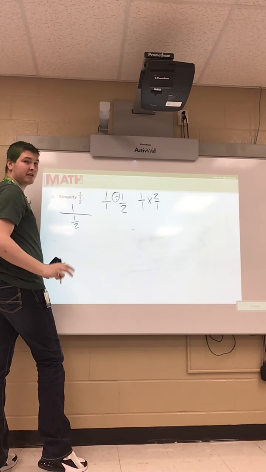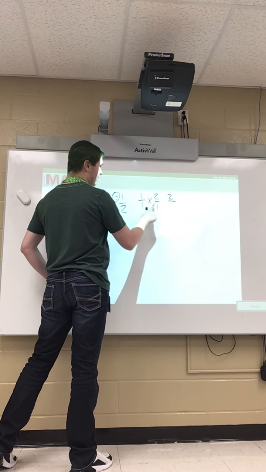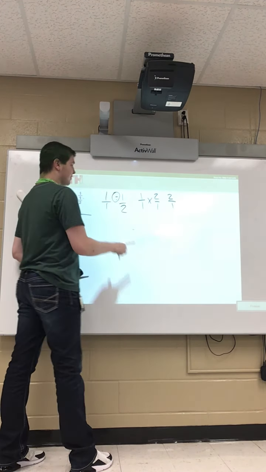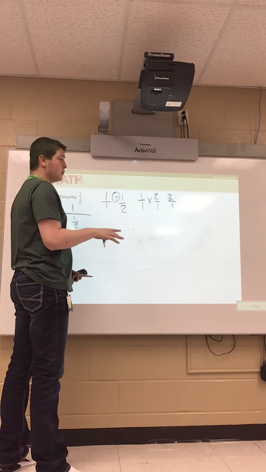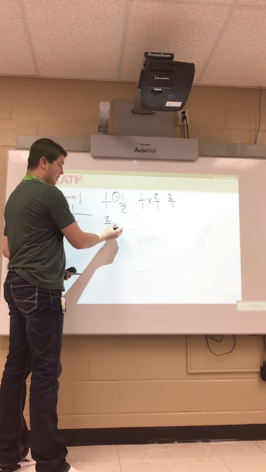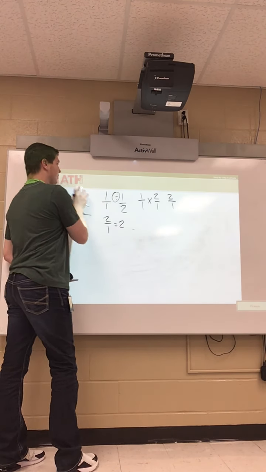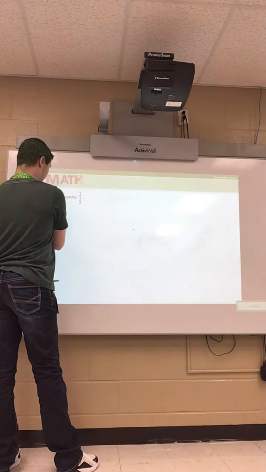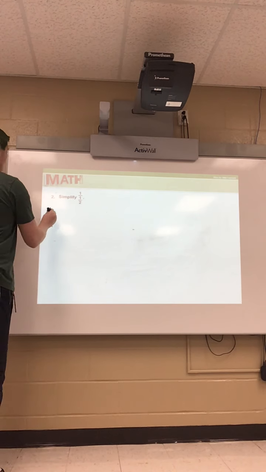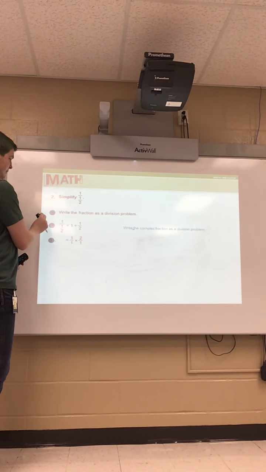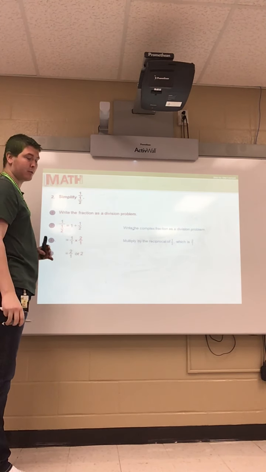And then multiply straight across after that. 1 times 2 is 2. 1 times 1 is 1. Now, if anything is written over 1, then it's just the top number. So 2/1 is the same thing as just saying 2. 2/1 or 2, either one is fine. Either one is correct.